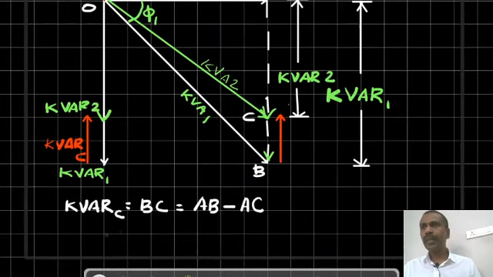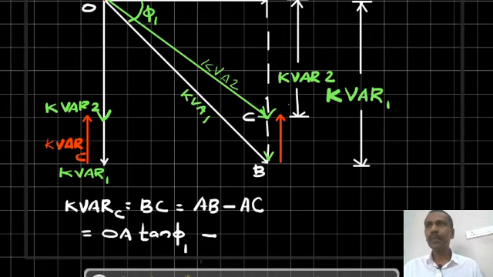Now AB minus AC can be calculated as, what is AB from the triangle? It is OA into tan phi 1. This is OA into tan phi 1 minus, what is AC? The new angle can be taken as phi 2. So what is AC?